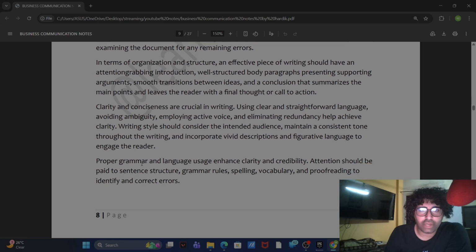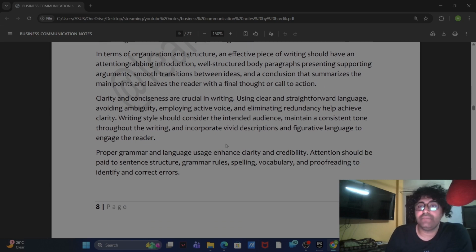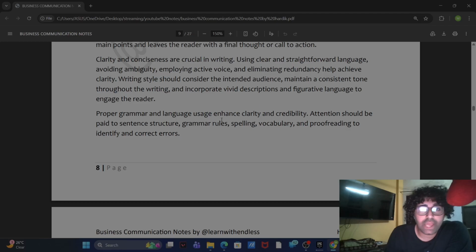In terms of organization and structure, an effective piece of writing should have an attention-grabbing introduction, well-structured body paragraphs presenting supportive arguments, smooth transitions between ideas, and a conclusion that summarizes the main point and leaves the reader with a final thought or call to action. Clarity and conciseness are crucial in writing.